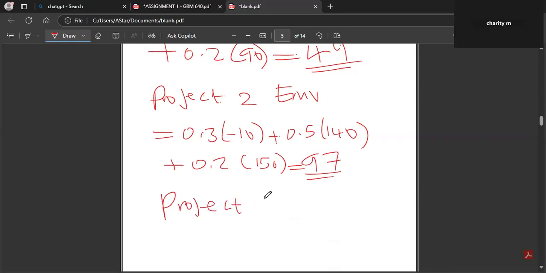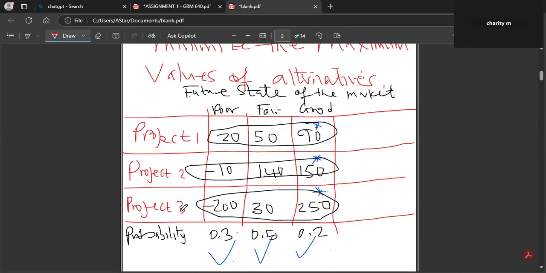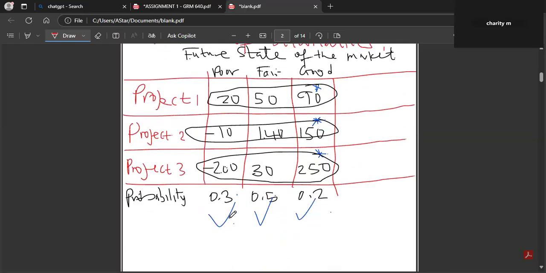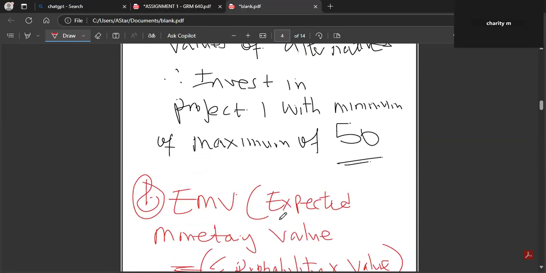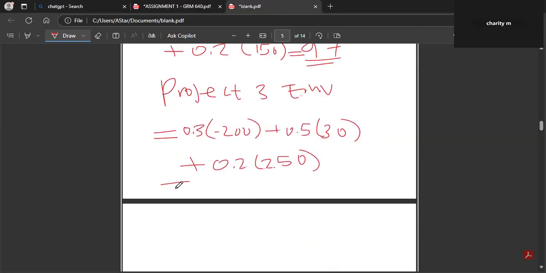Project 3 EMV is equal to 0.3 by -200 plus 0.5 by 30 plus 0.2 by 250.